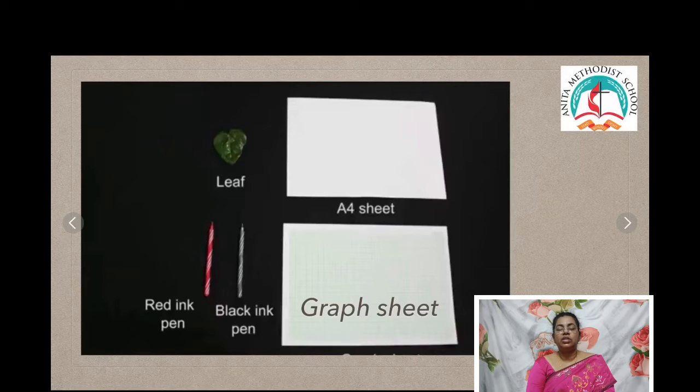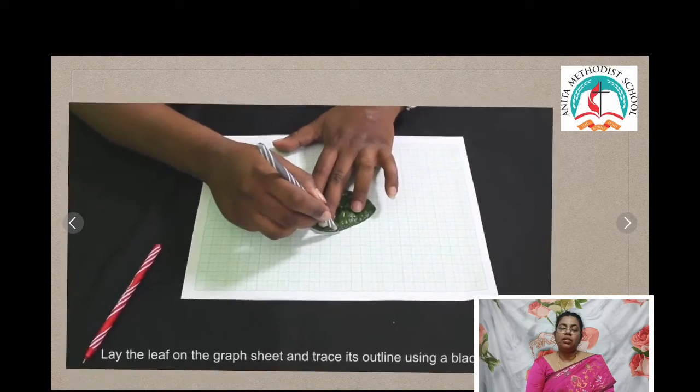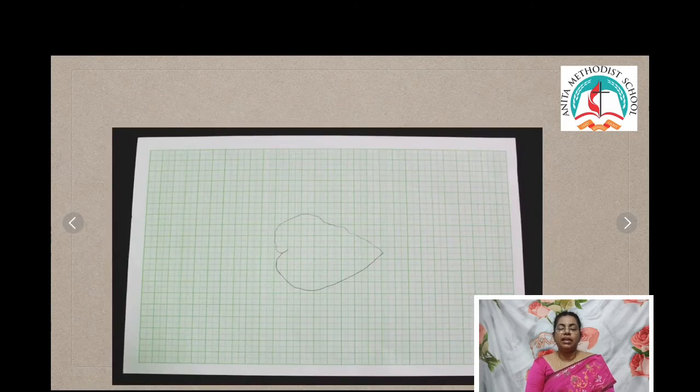Are you all ready, children? Shall we start? Now place the leaf on the graph paper and draw the outline of it using the black pen. Okay. Are you drawing it? Yes. Good, children. So now you would have got the outline of the leaf.